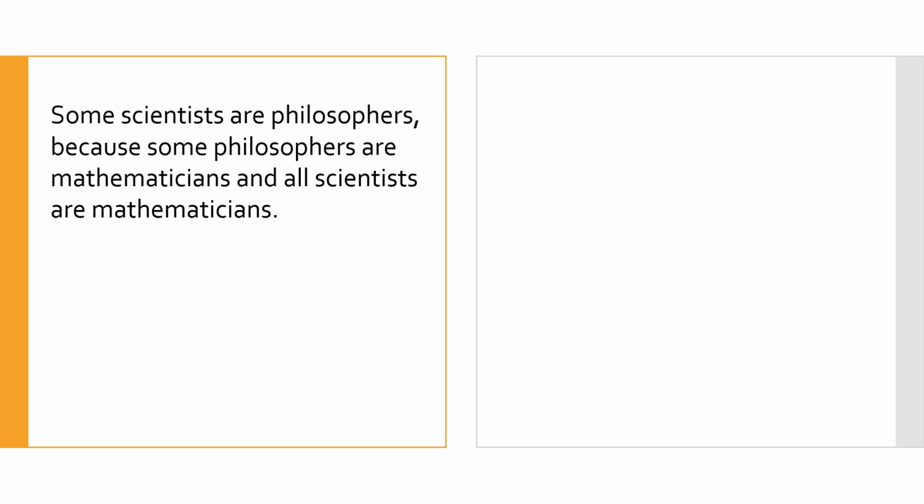Let's take the following example, a rather simple argument. It says, some scientists are philosophers because some philosophers are mathematicians, and all scientists are mathematicians. Notice that the term because suggests that what follows that is going to be the set of premises that we have. And of course, the conclusion then is the thing that begins this whole argument: some scientists are philosophers.